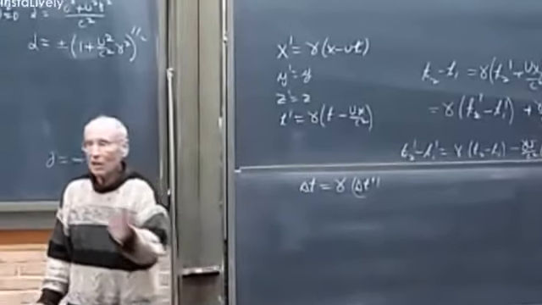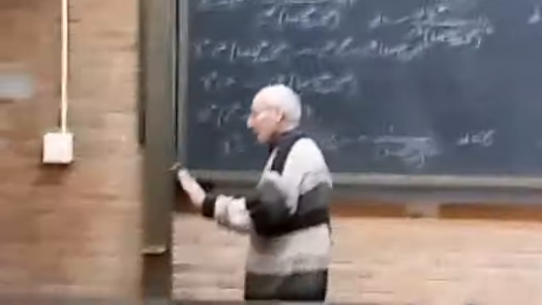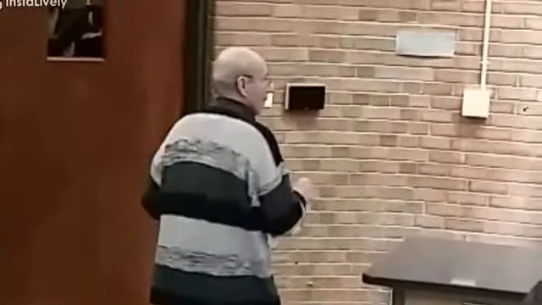So if you look at the clock directly overhead, then it appears to run fast. If you look at a particular clock, it appears to run slow. So you've got to be very careful about exactly what measurement it is that you are making. Making sense?